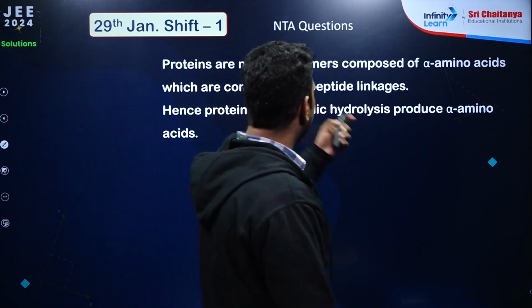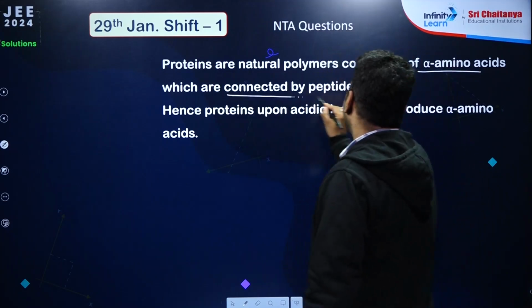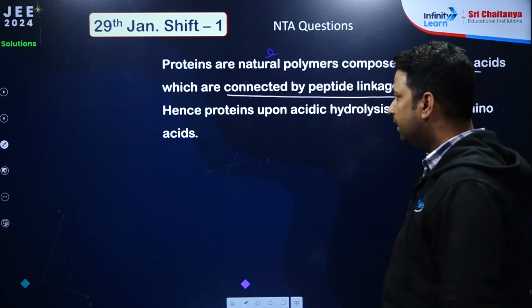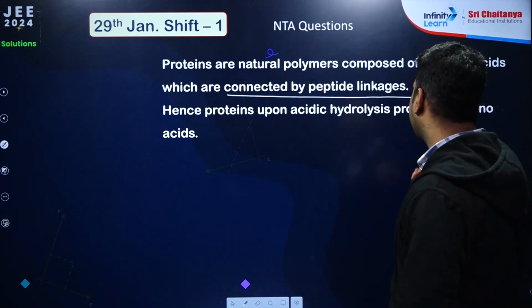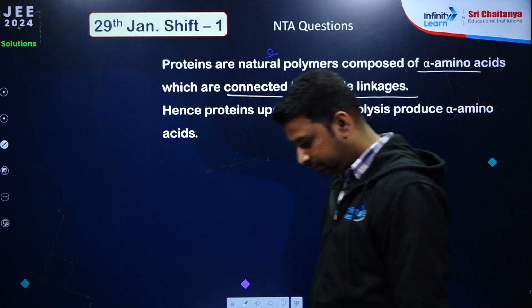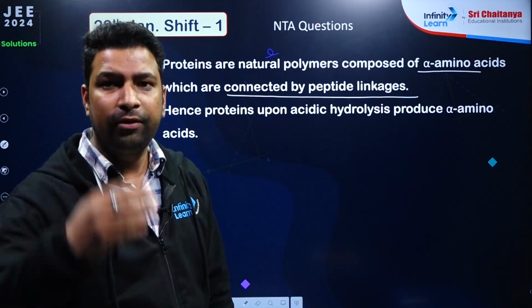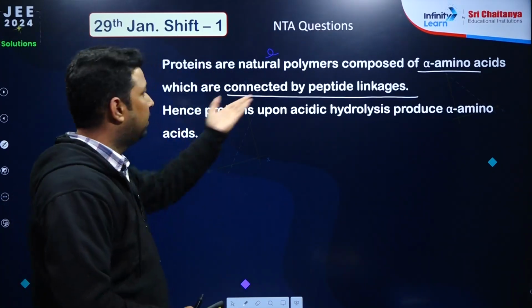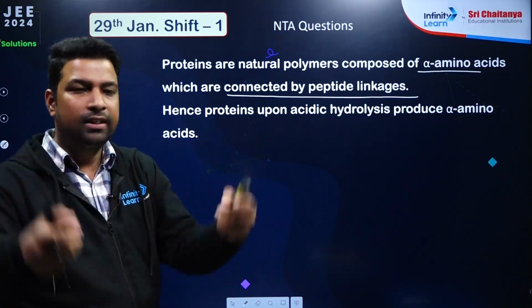Proteins are natural polymers composed of alpha amino acids connected by peptide linkage. Hence, protein upon acidic hydrolysis produces alpha amino acids. During the formation of peptide linkage, water is removed. So when you add water again, the alpha amino acid monomers will separate out.